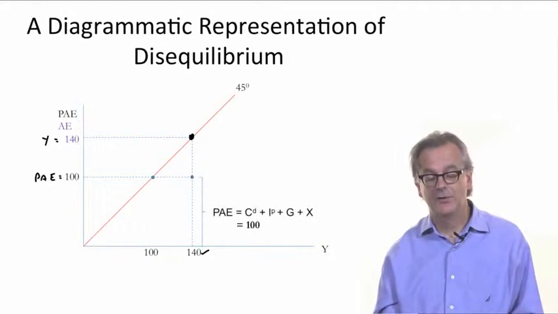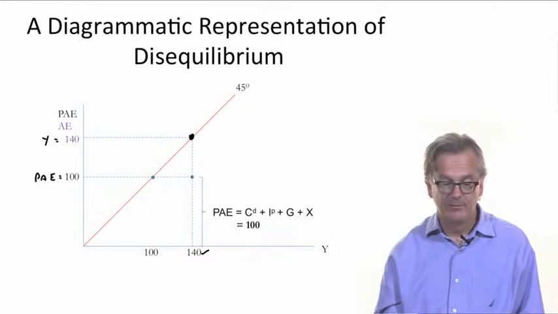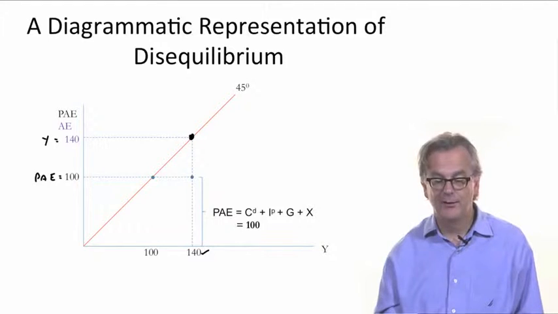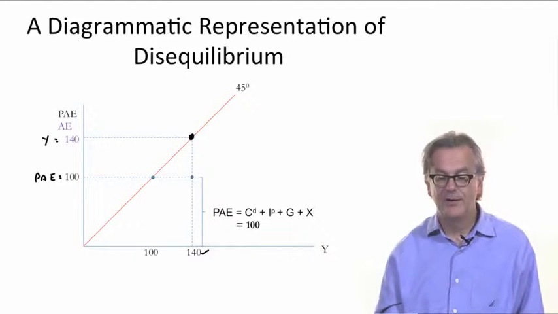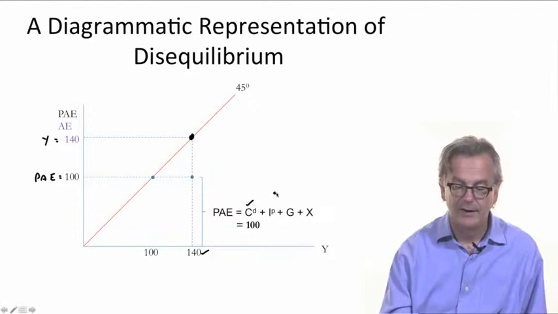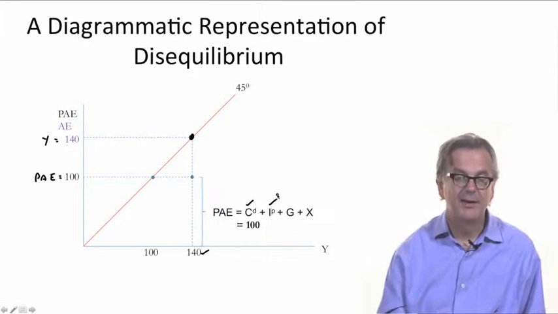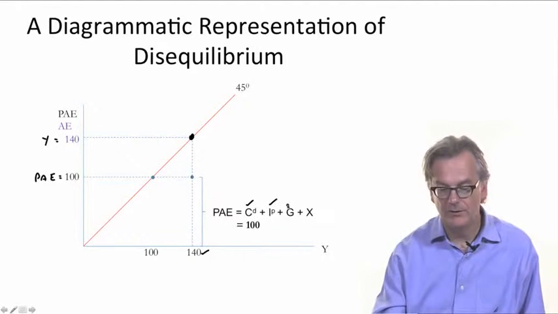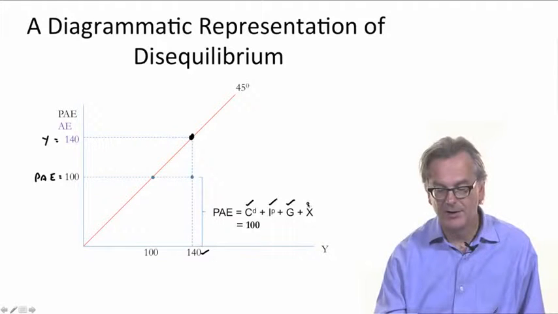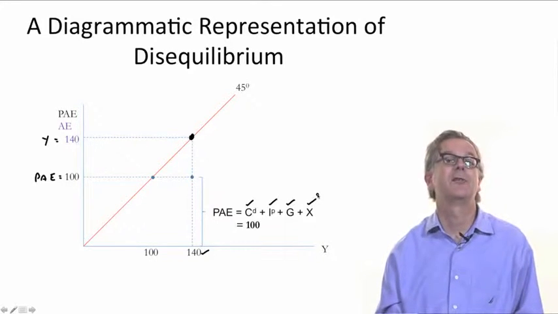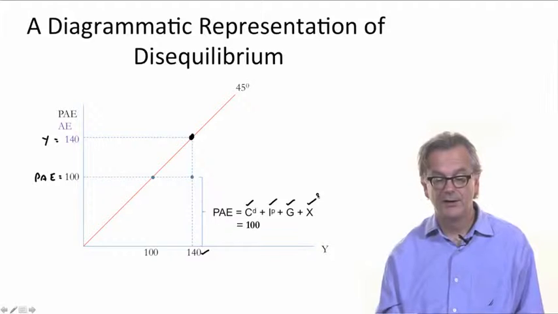And we can decompose what's going on in the following way. That planned aggregate expenditure of 100, remember, comprises the spending plans of households, the planned investment by firms, the spending plans of government and the spending plans of foreigners on exports. Collectively, that must sum to equal 100. But actual expenditure in this economy is 140.